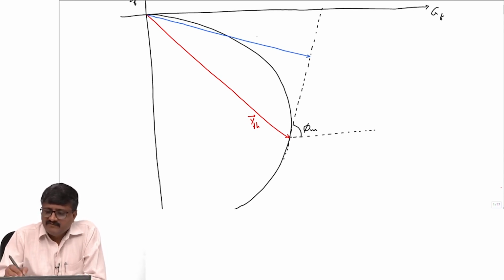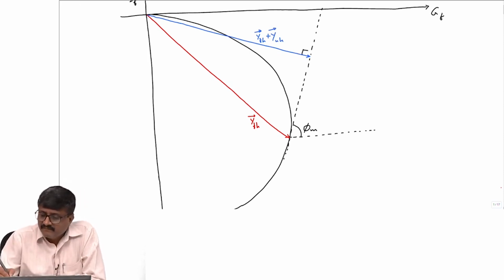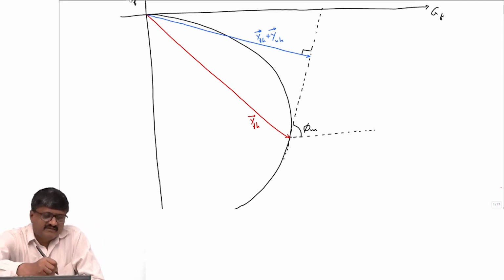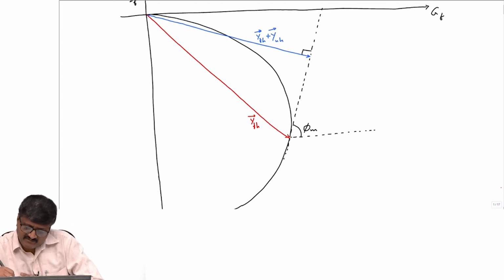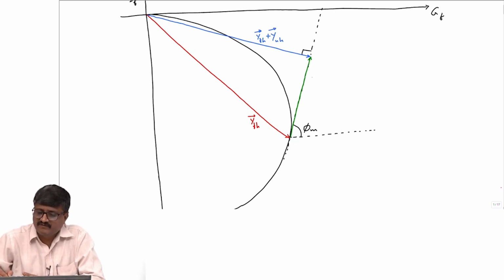So, this is YFH plus YNH. This is 90 degrees. So, from this I get YNH. This is YNH.